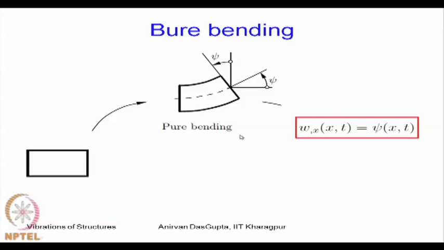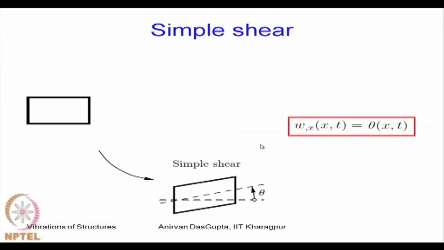When a beam undergoes pure bending, we remember that we are always tracking the deflection and the slope of the neutral fiber. So, this slope is this angle. Now, let us look at the case when the element undergoes a simple shear.